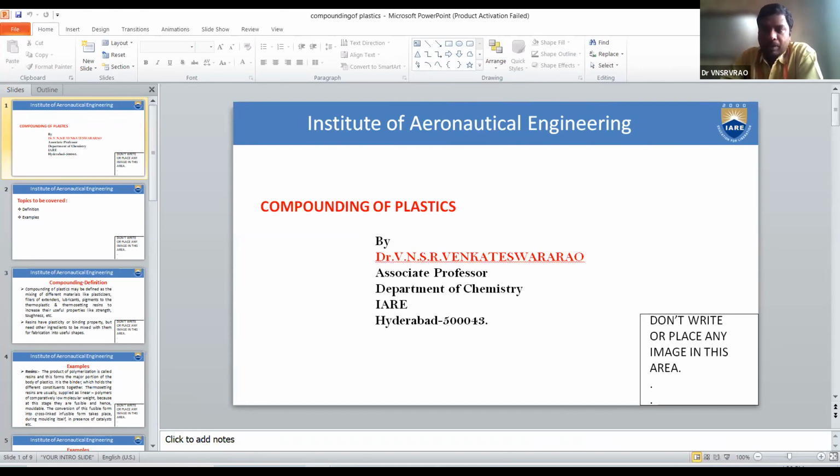And that compounding of plastics takes place by various types of examples in various types of categories. So let us see one by one. So first of all, we see the definition for the compounding of the plastics.